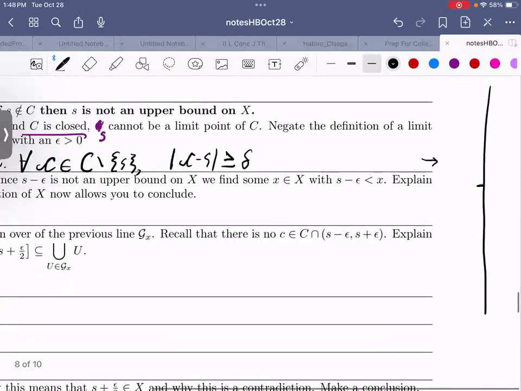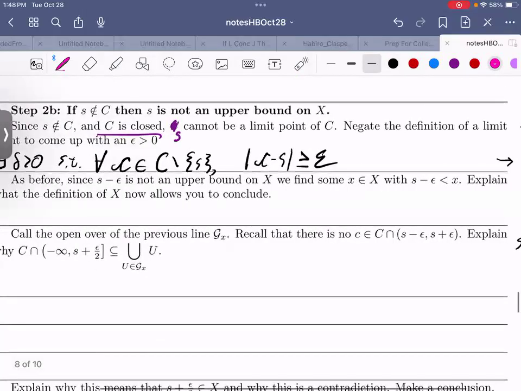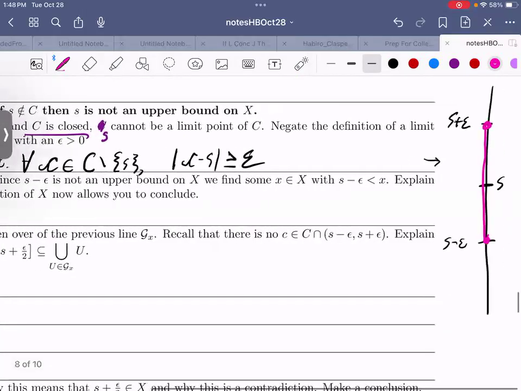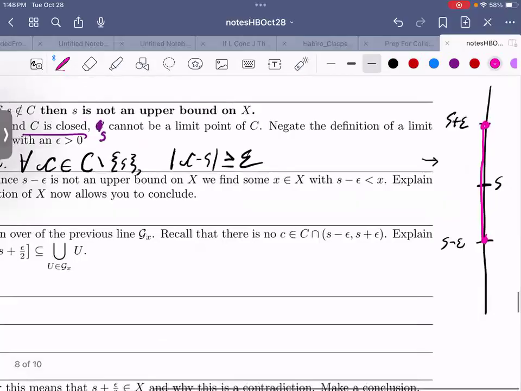So here's this S. There's S minus epsilon. There's S plus epsilon. In this range, for all c in C minus S, the absolute value of c minus S is bigger than or equal to epsilon.